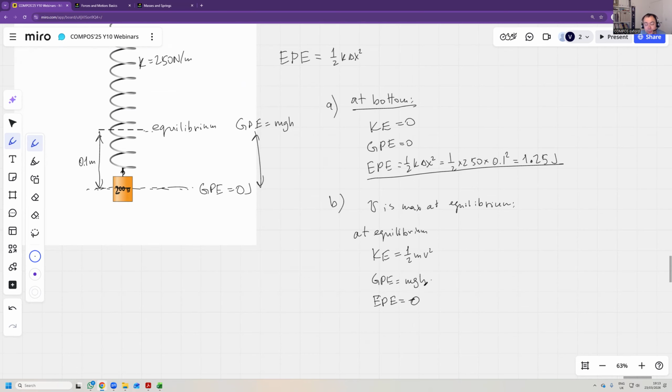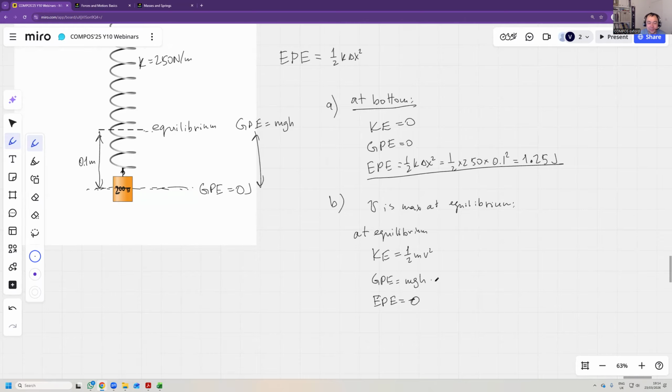Well, technically it is stretched because it is stretched from the original position. But potential energy works in such a way that you can choose the position in which it is 0.